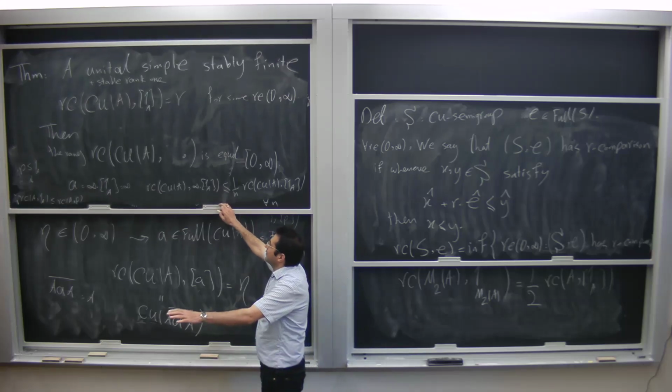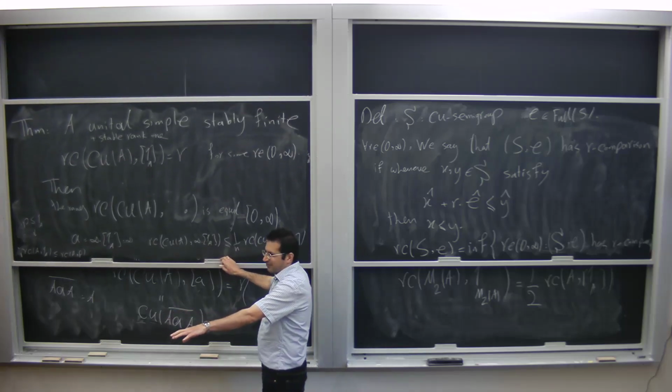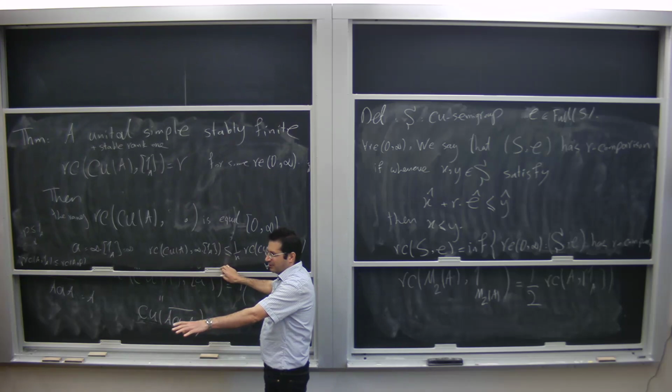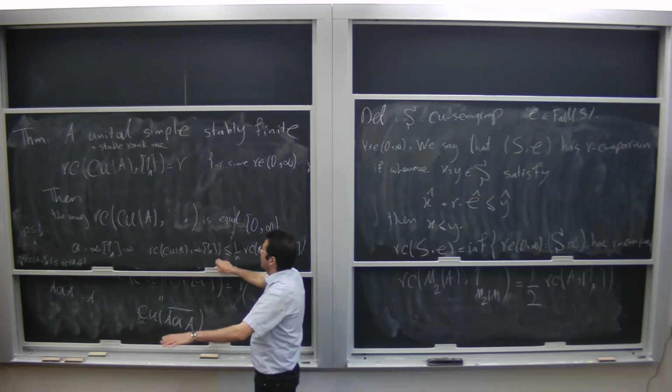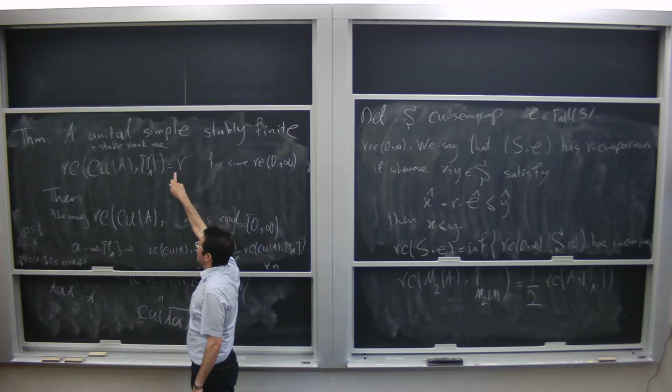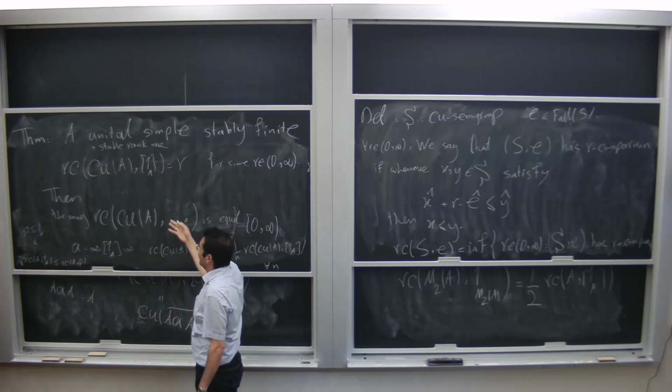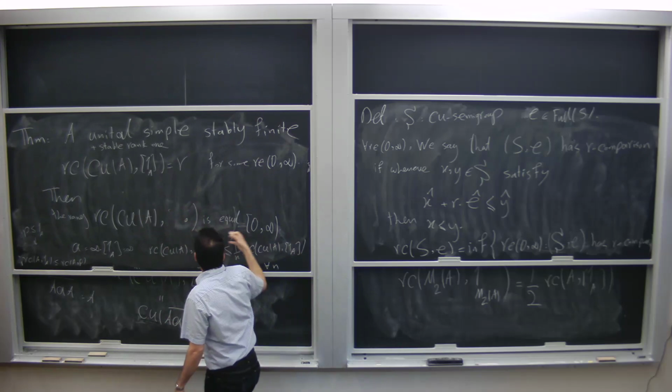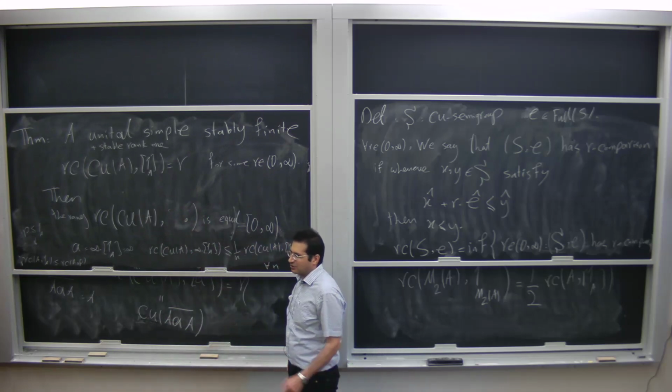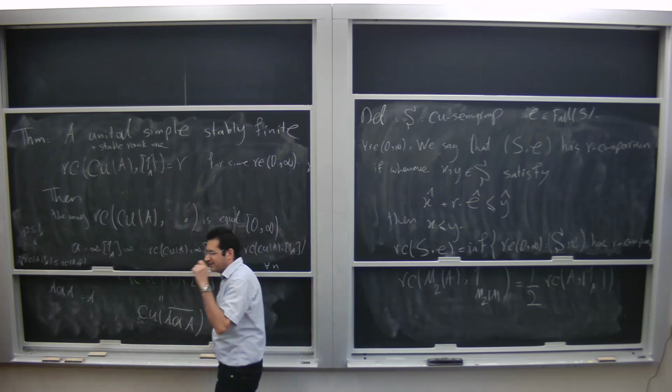If you take this C-star algebra in their paper, the radius of comparison for this algebra is r, right? So therefore, you can find another full element in which the range of this can be here. They just prove this theorem.